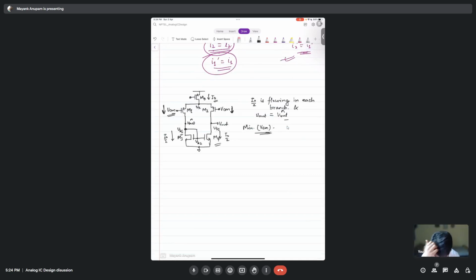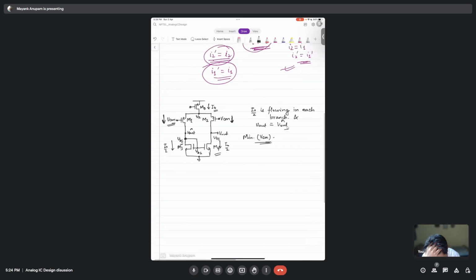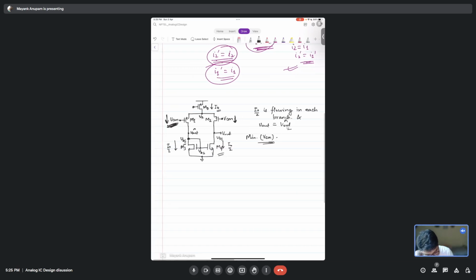How come? Here the drain terminal and gate terminal are shorted, no sir. So what if this goes down? Okay, let me ask you this.